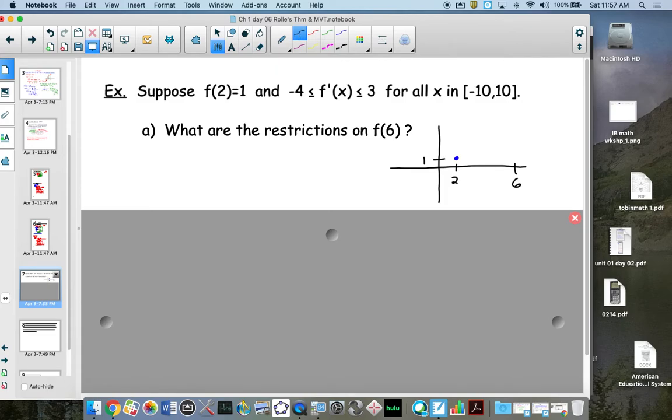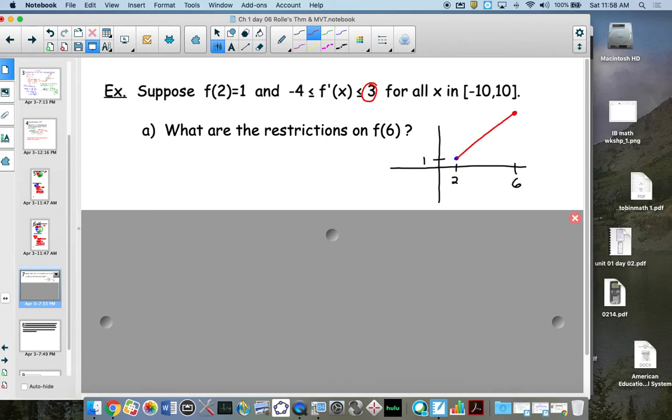So, since we know that the derivative exists over this interval, that means it's continuous over this interval. And so let's think best case scenario, because best case thinking, we want to see how far up this thing can go. Best case scenario is that the derivative is actually always 3 between 2 and 6. So that's the most it could be at every point.